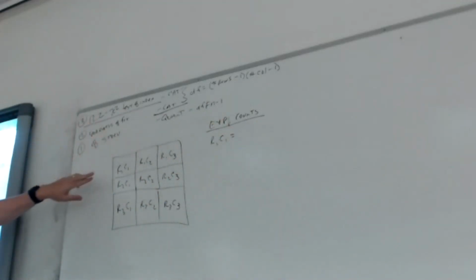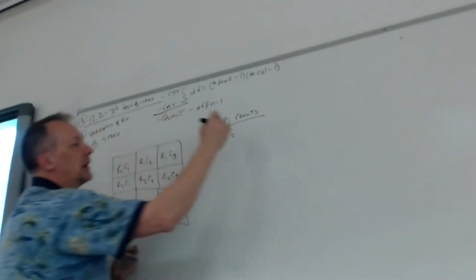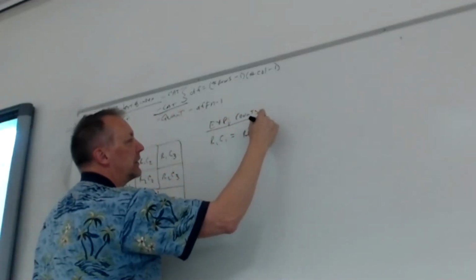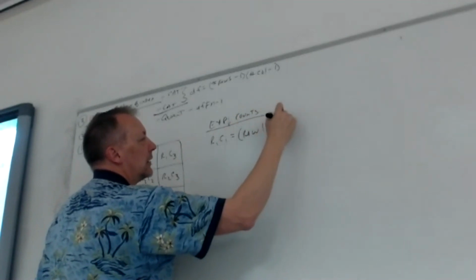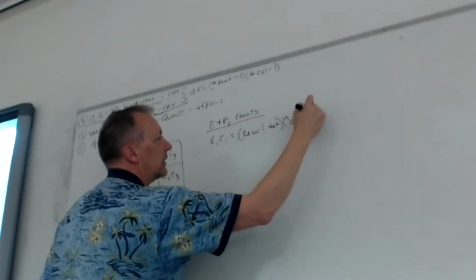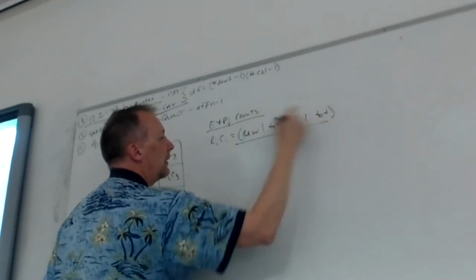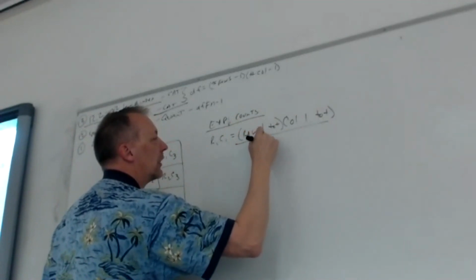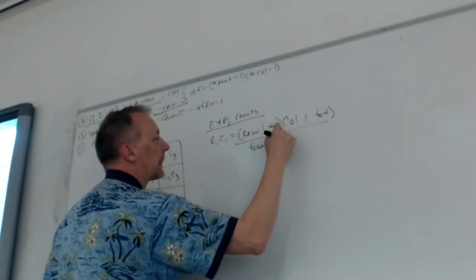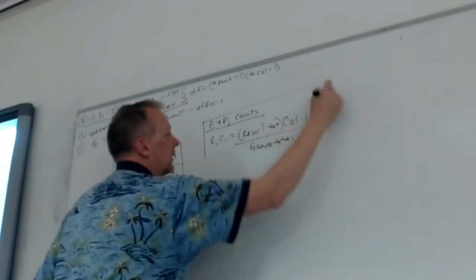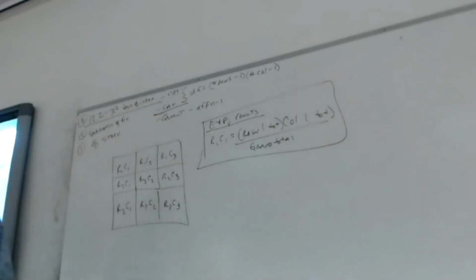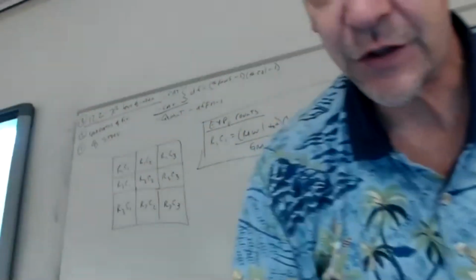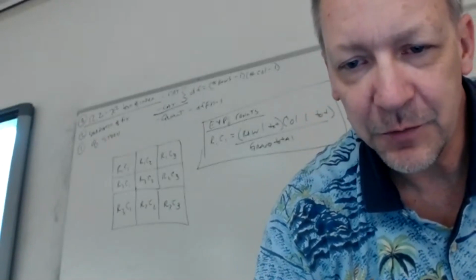So if I'm talking about row 1, column 1, it's the row 1 total times the column 1 total divided by the grand total. Now you're going to do that for every cell where you are. So let me demonstrate what I mean by that.